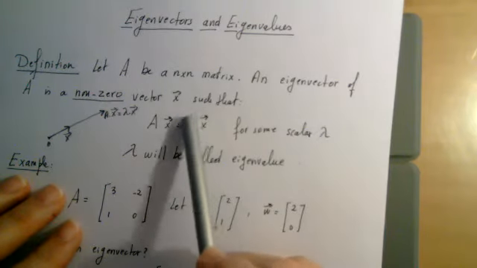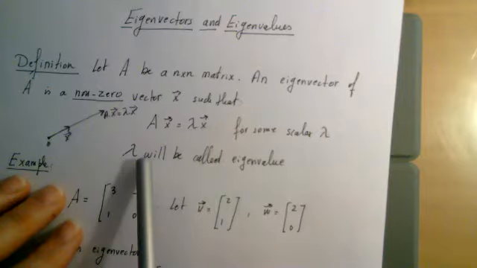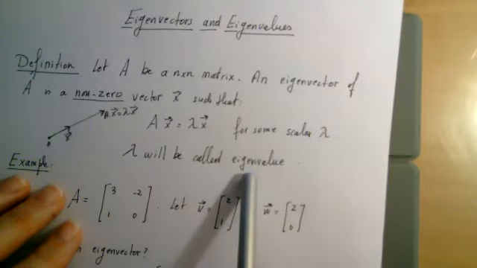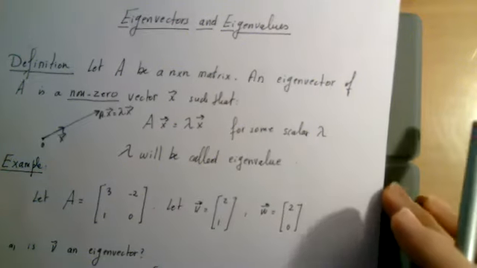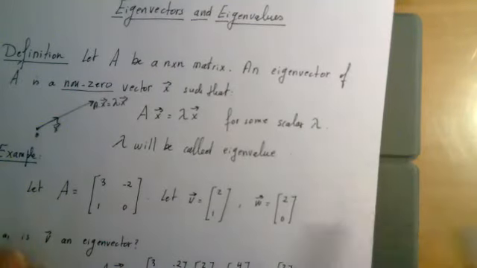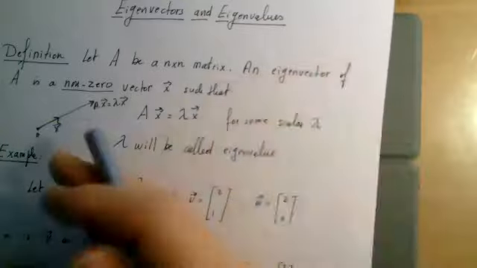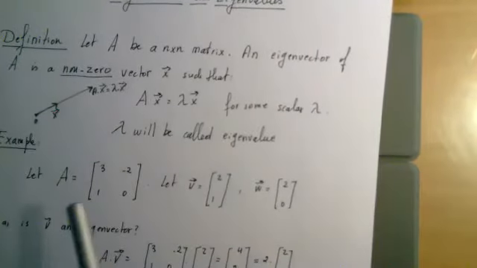The scalar that Ax will stretch x by is given a name: it is called the eigenvalue. The definition is kind of weird at the beginning, but it's one of the most used concepts everywhere.